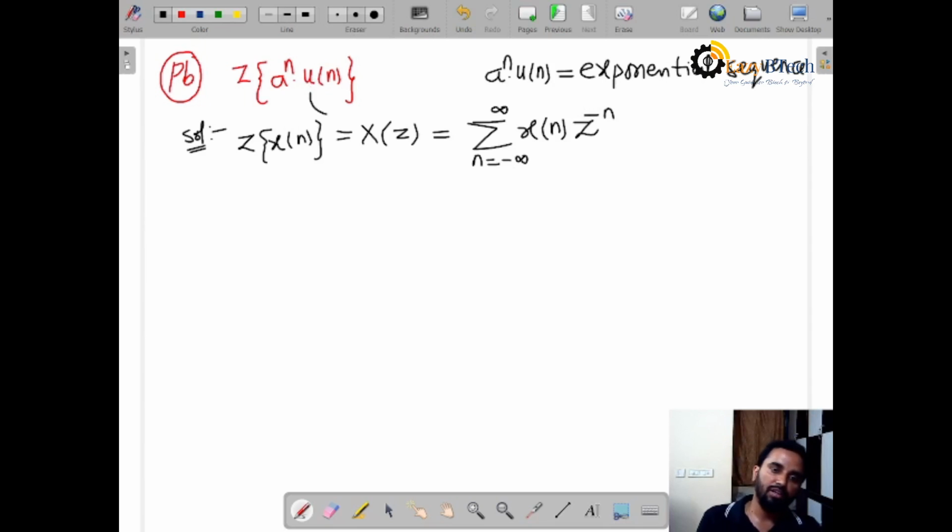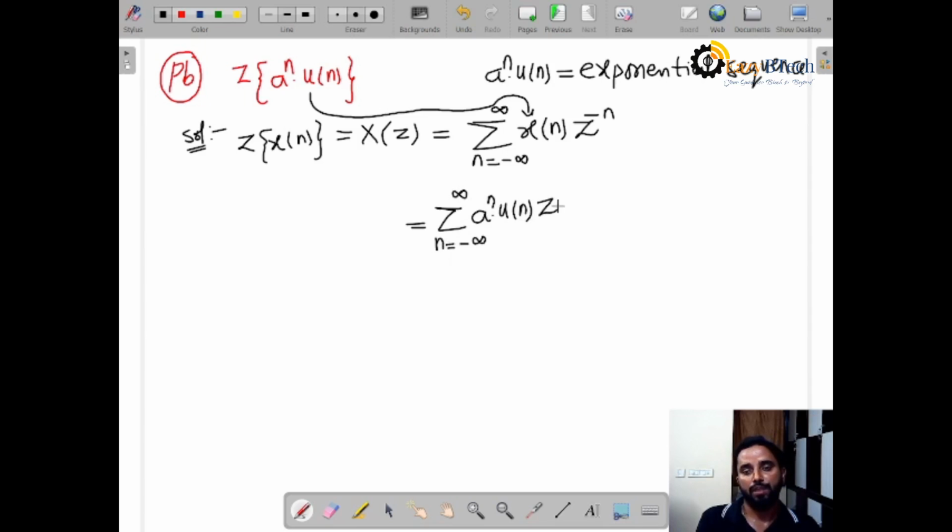Here the given signal is a power n u of n, so I substitute in place of x of n: summation from minus infinity to plus infinity of a power n u of n z power minus n. Here u of n is the unit step sequence, which is equal to 1 for n greater than or equal to 0. For n less than 0, u of n is 0.